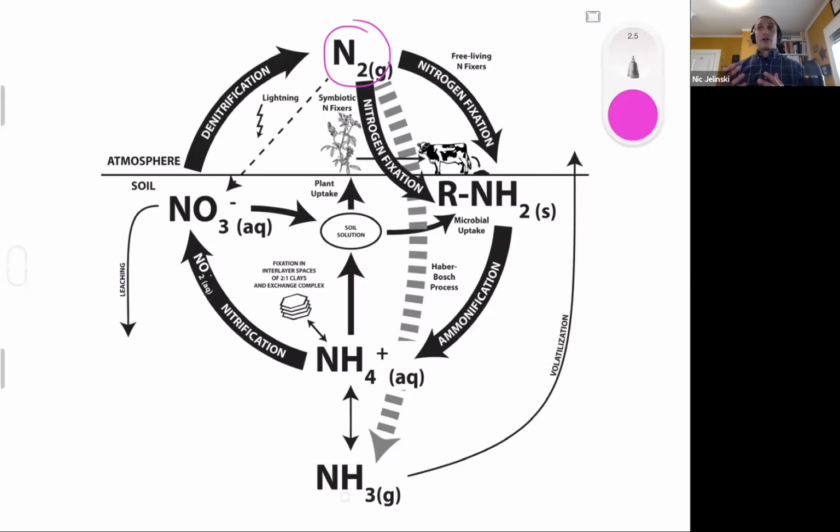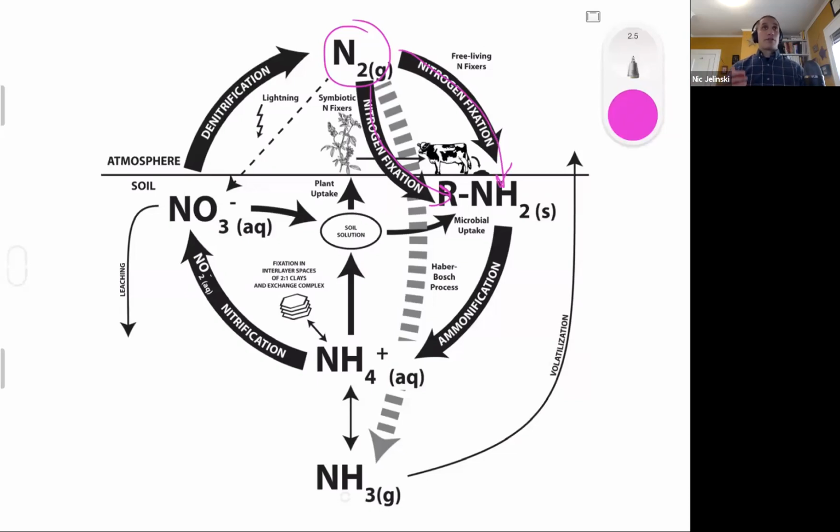In order for the nitrogen in the atmosphere to be usable by organisms, it has to be transformed into usable forms that organisms can then incorporate into their structures. So the first step of the terrestrial nitrogen cycle is how that nitrogen gets from the atmosphere, as dinitrogen gas, into solid forms in plant tissues and then maybe animals and eventually the soil organic matter.